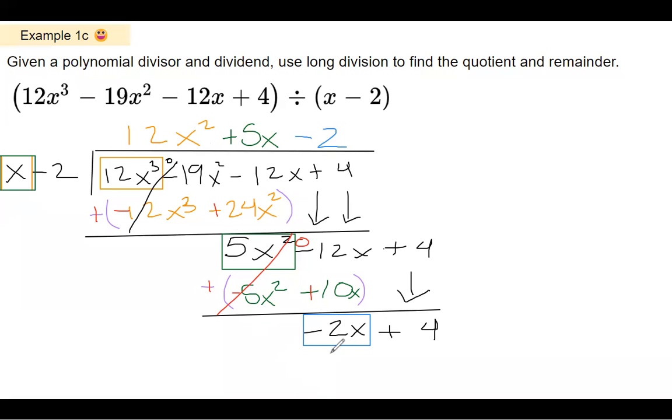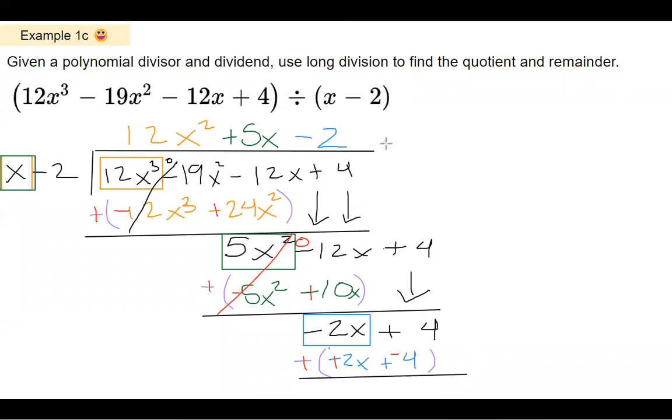So negative 2 goes inside my parentheses. Minus parentheses, and we now have, let me write it in blue, negative 2x, and negative 2 times negative 2, which is positive 4. All right, let's change our signs.